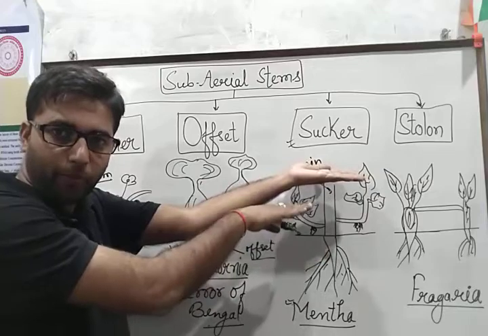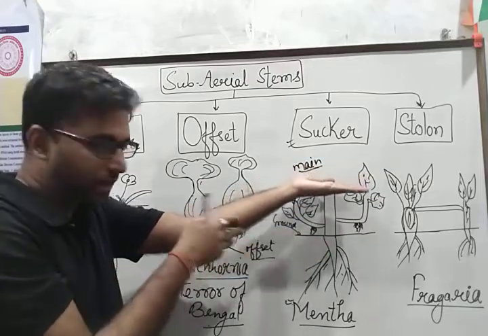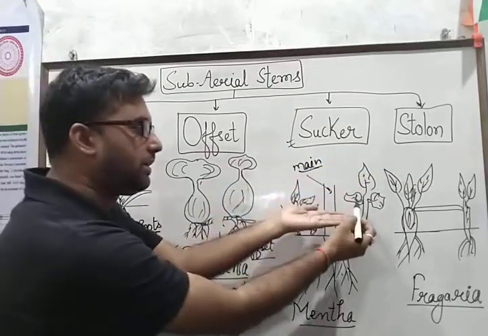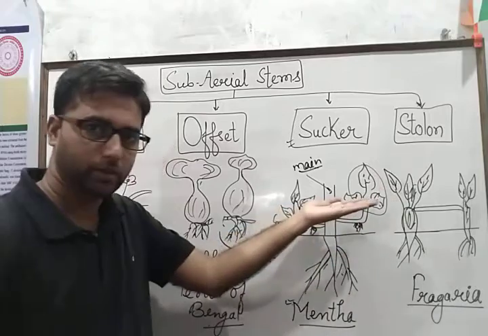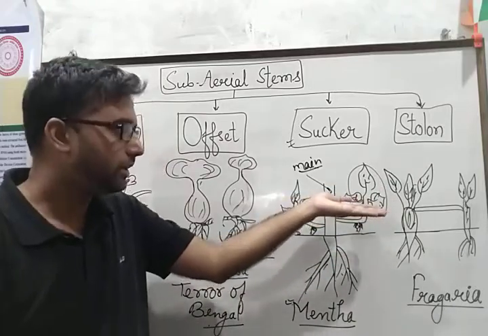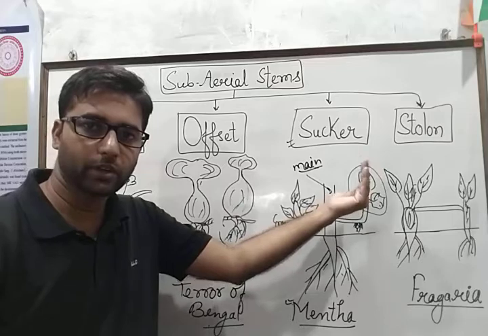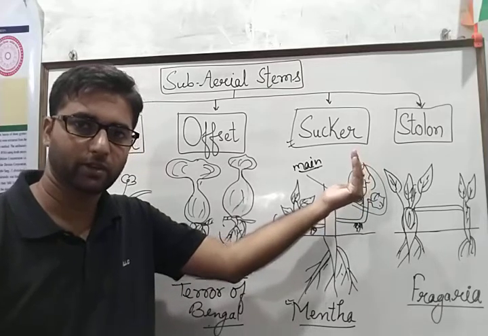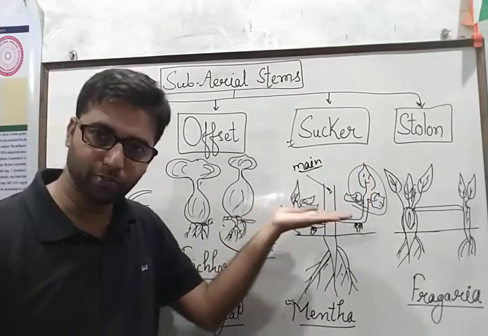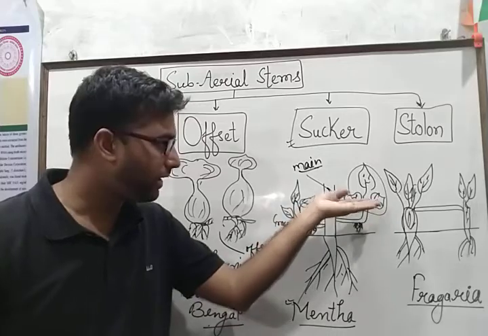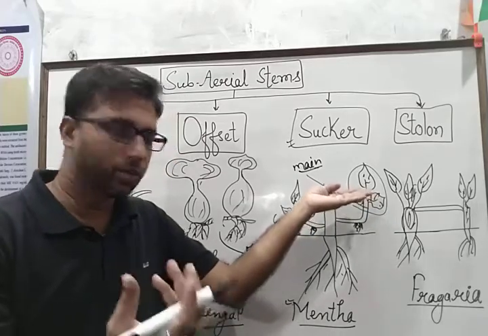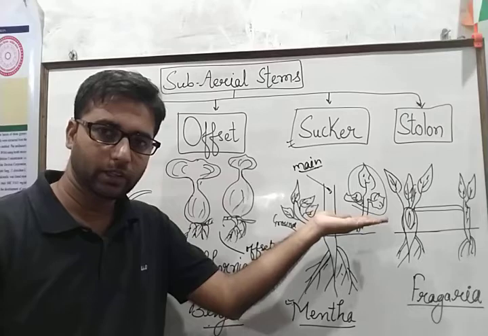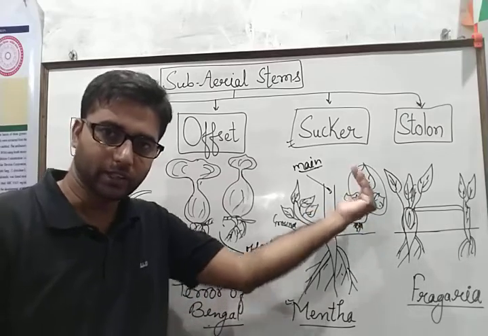Initially, branches grow parallel to the ground, but when leaves start to grow and the leaf primordia begin to work, the branch curves in this manner. First of all, it runs parallel to the ground, but when leaves are growing on the branches, they move up to the upper side like this structure.